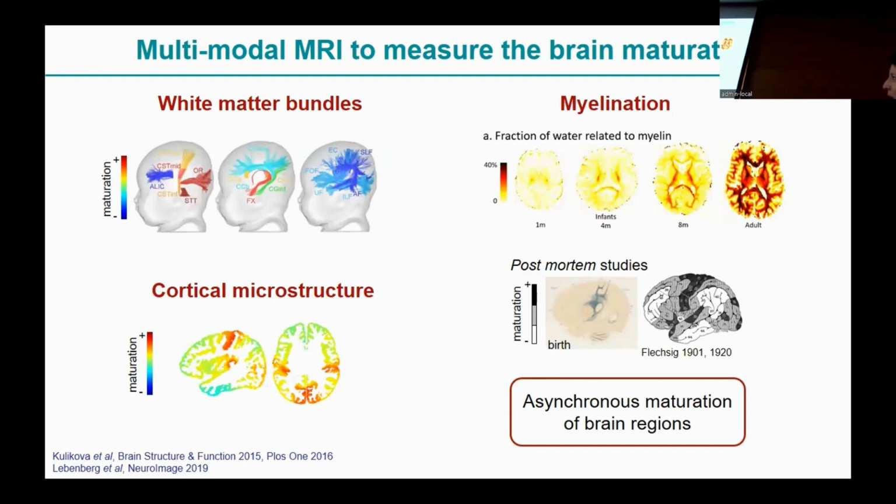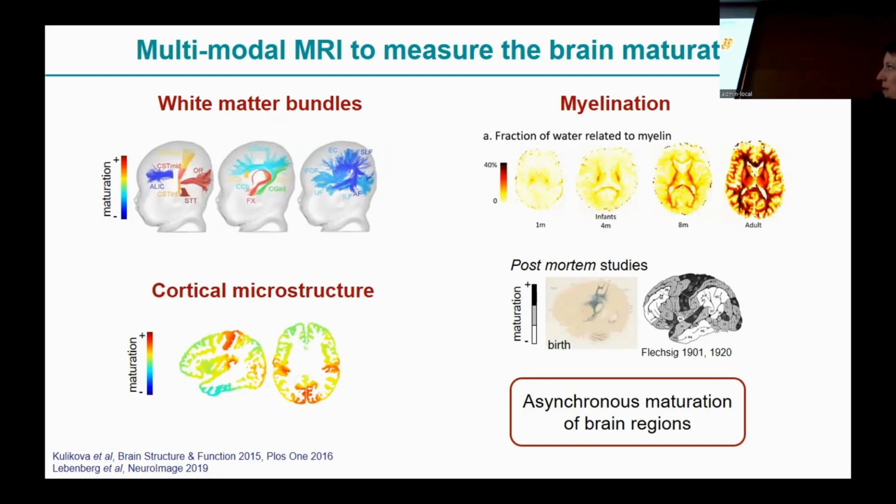And there are also some markers which directly target the quantity of myelin. As you can see, this increased a lot in the infant brain, specifically in some regions before the others, with this caudo-rostral progression of maturation that was described initially more than a century ago by Flechsig, for example.